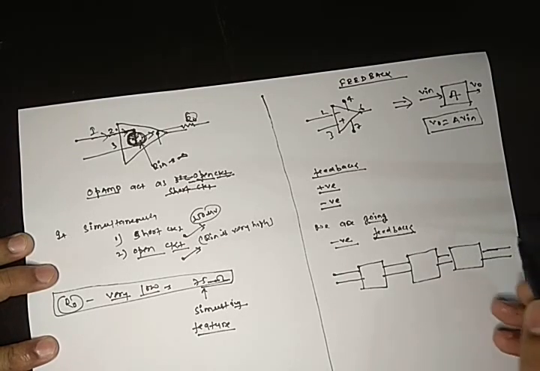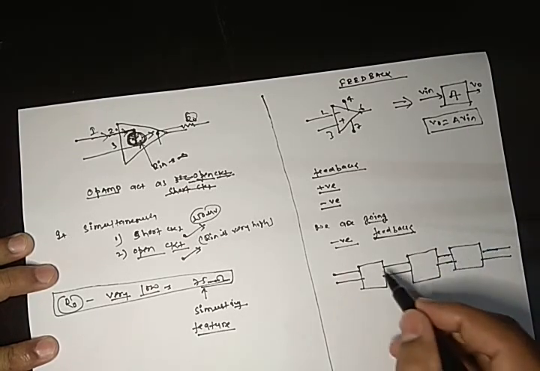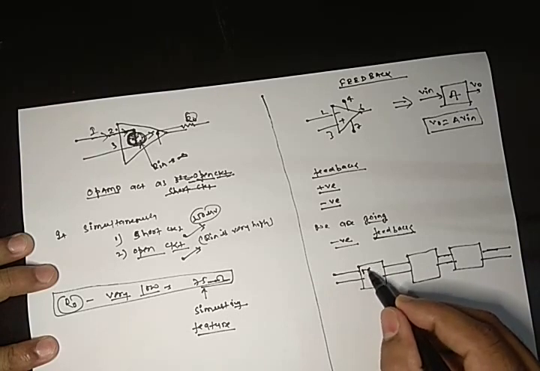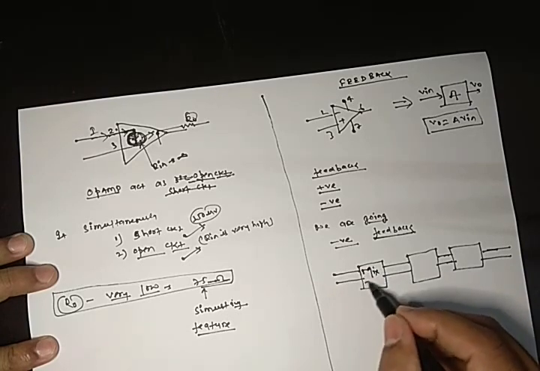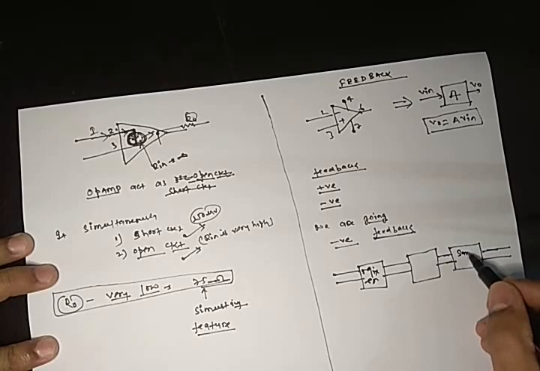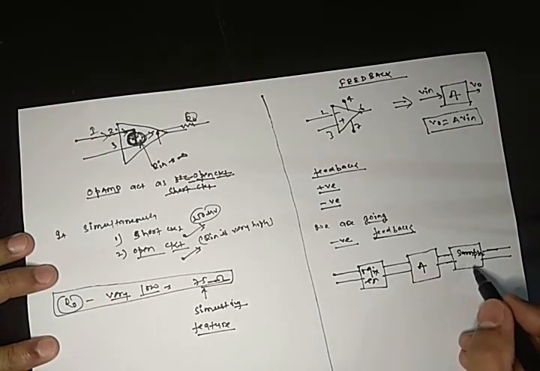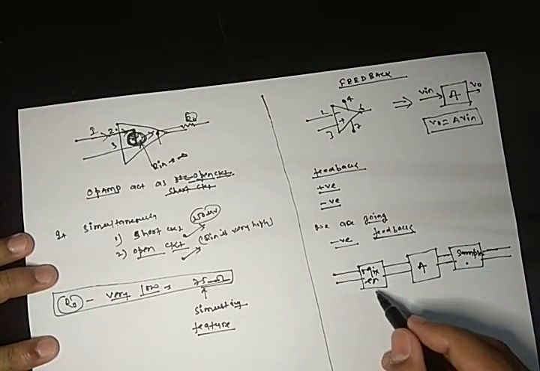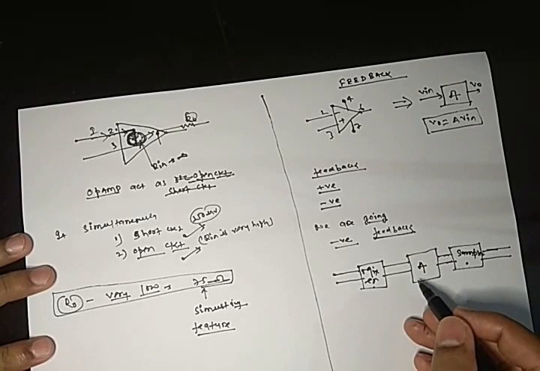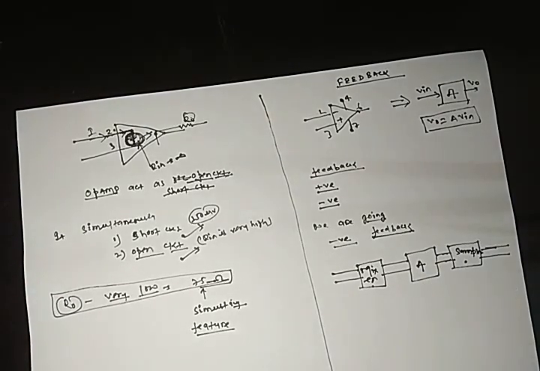We will first study about these 2 boxes. This is your mixer circuit, this is your sampler, and this is nothing but your A, this is your Opam. Now what does the sampler circuit and the mixer circuit do? That we will study, then we will look upon the negative feedback system.